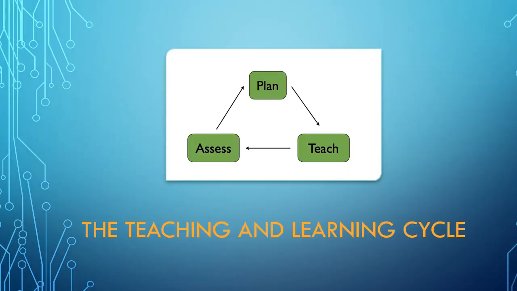So if you have a look at the teaching and learning cycle, you can see that as a teacher, we need to plan our work, we need to teach, and then we need to assess. So we call that the teaching and learning cycle. As part of our planning, we use our learning plans in the classroom, and they are sourced from the curriculum.